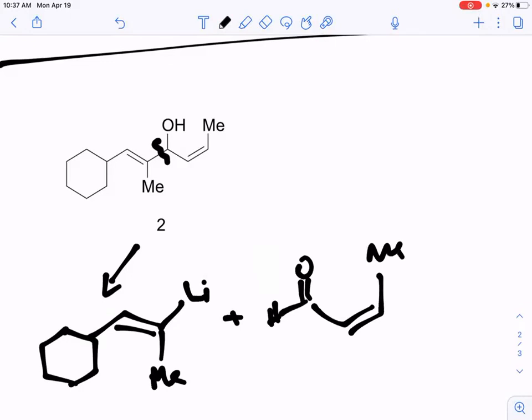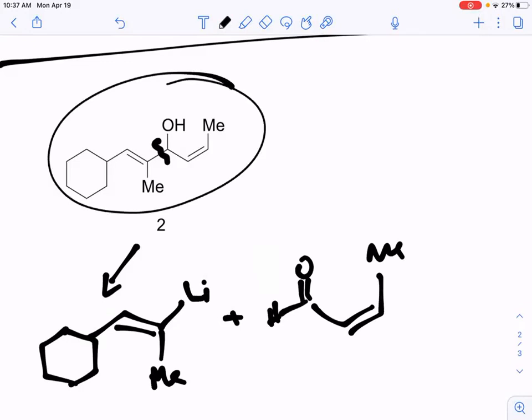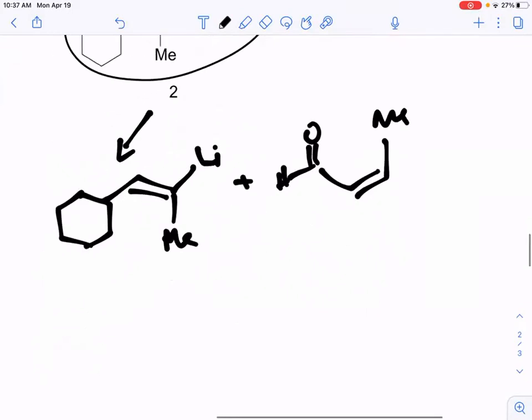If you take those 2 fragments and put them together, you're going to get this. Now, the question is, where does this fragment come from? And then where does that come from?